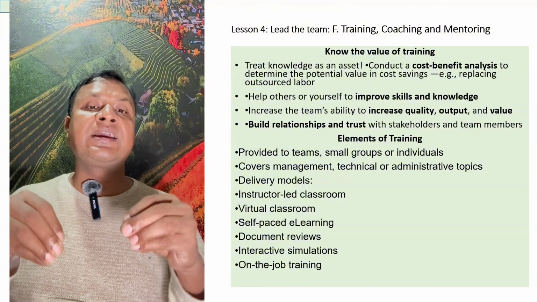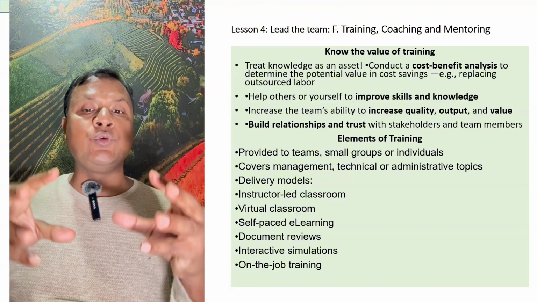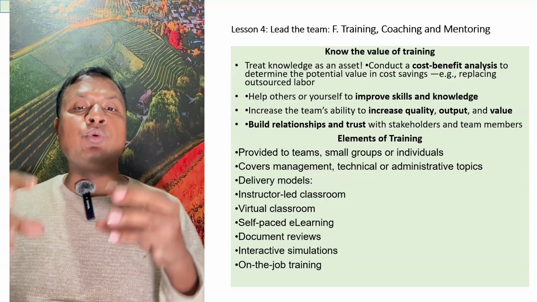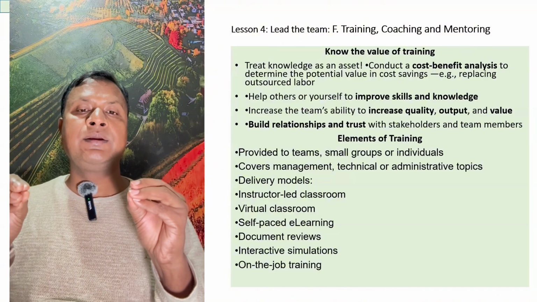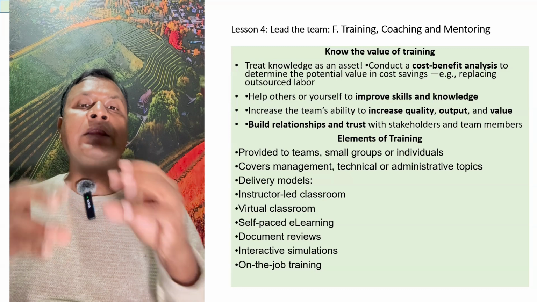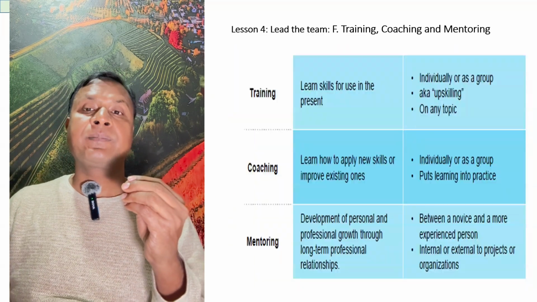The team member can learn by themselves at their own pace, through document reviews, interactive simulations, and on-the-job training. You should keep every aspect and every style ready, so that from these elements of training, the team members can learn.